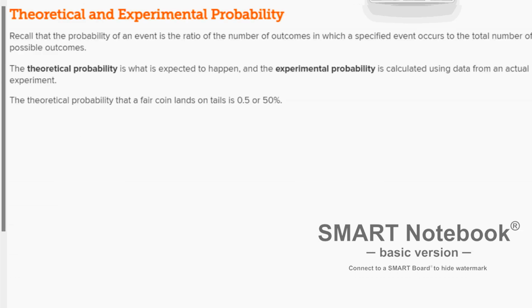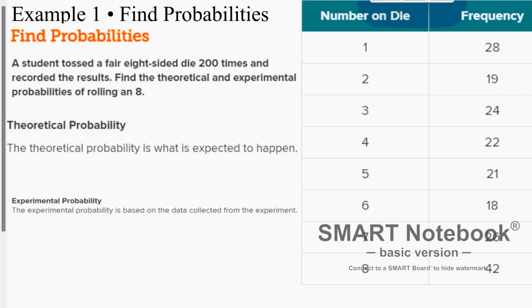All right, so let's go ahead and see if we can determine if it's theoretical or experimental. So again, here's a little theoretical probability explained, and experimental probability explained. Okay, so here's our question. We toss a fair 8-sided dice, and we roll it 200 times and record the results.